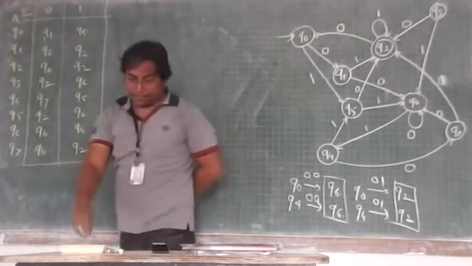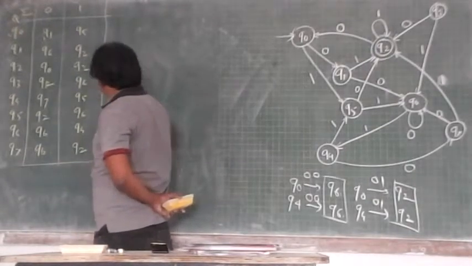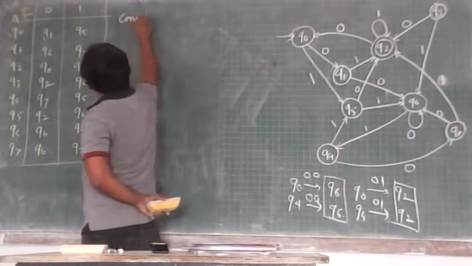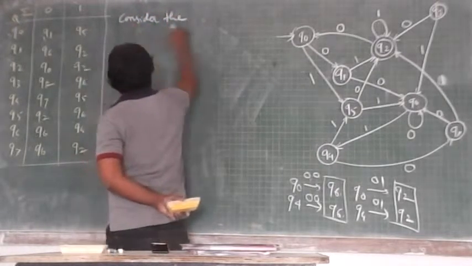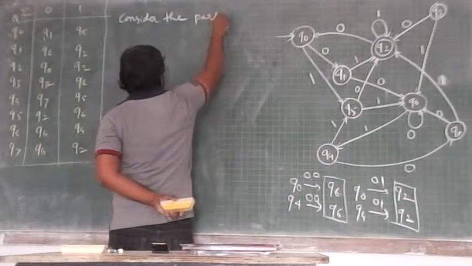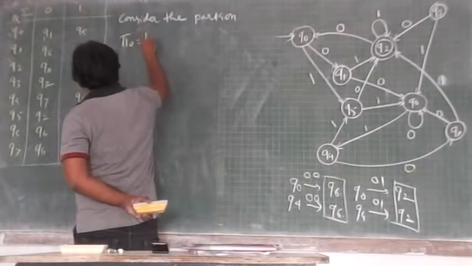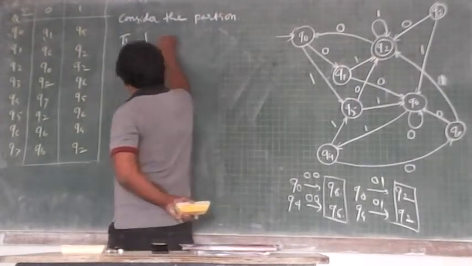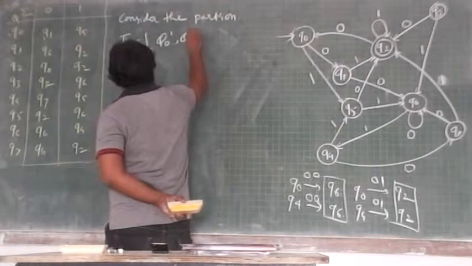Consider partition. Phi 0 is having Q01 and Q02.